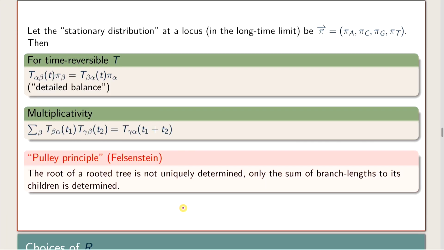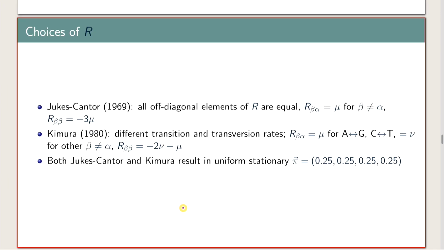Yeah, so how do you decide what to pick for R? These are the most common choices. And again, from what I'm reading, some version of Jukes-Cantor is used in linguistics. Basically, this is saying all mutations are equally likely. That means all off-diagonal elements of R are equal.